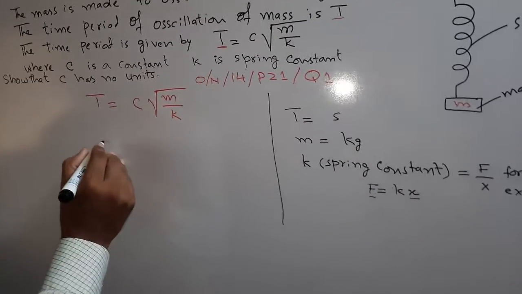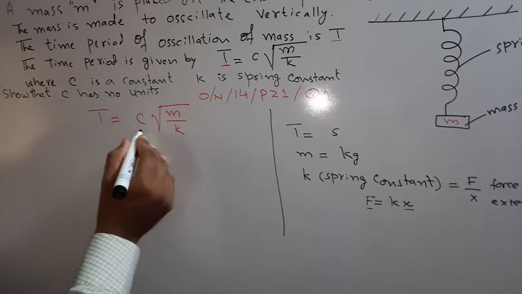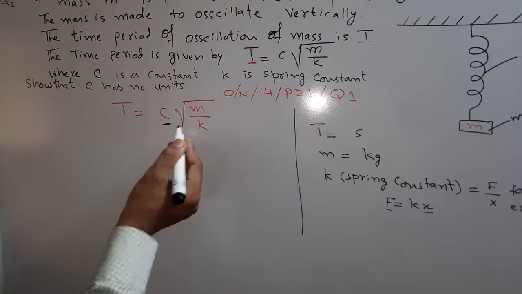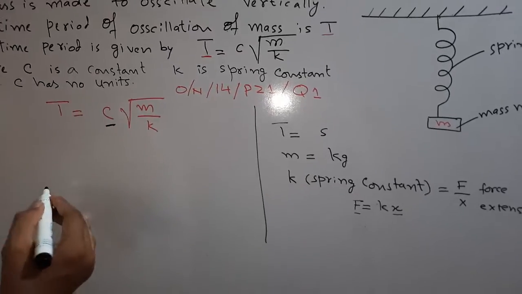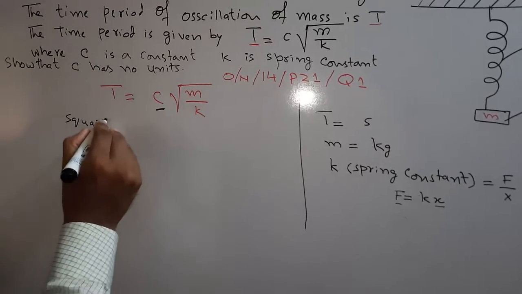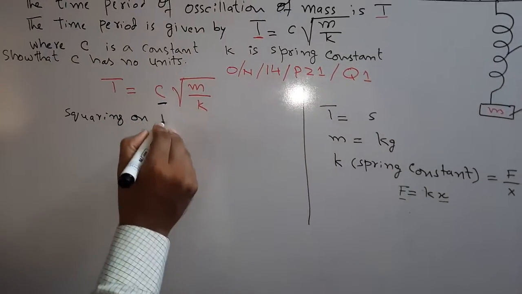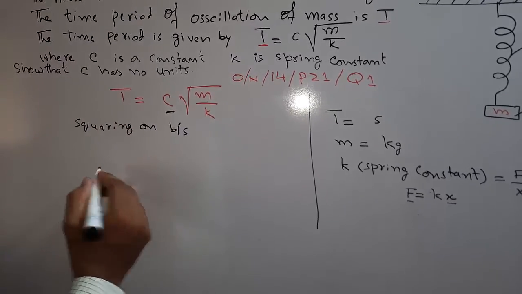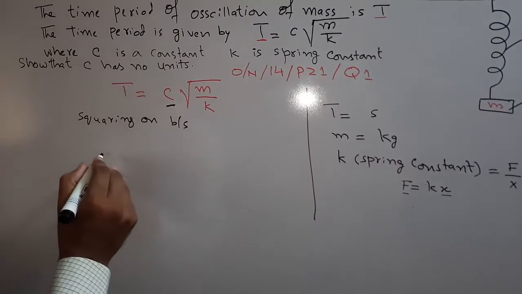For time T, again we have to separate C in the first step. To separate C, we will first square both sides. Now replace T as second, the SI base unit.